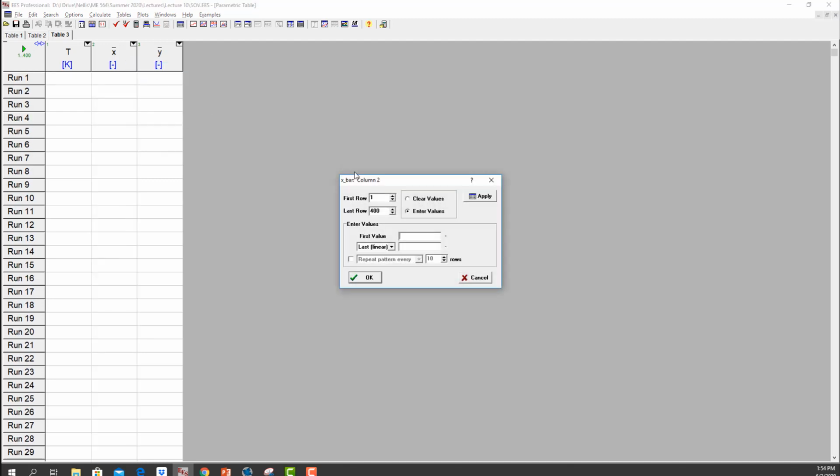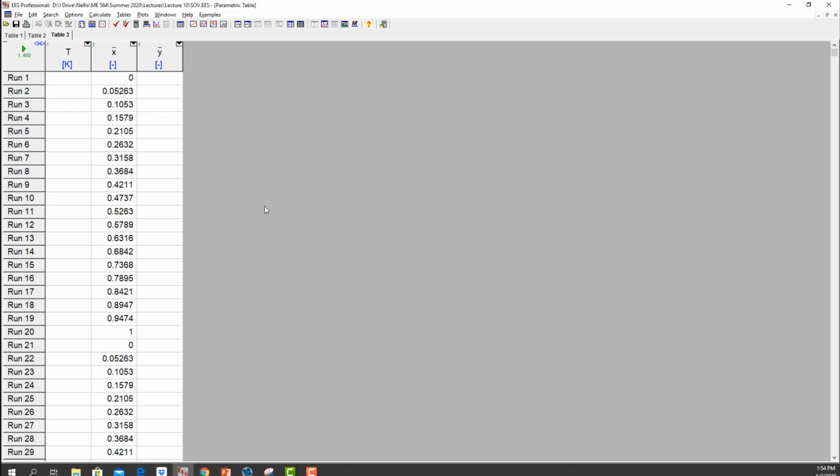So I'll just do alter values, and if you come down here and do repeat pattern every 20 rows, that's what it'll do. It'll go from 0 to 1, and you can see it goes from 0 to 1, and then it starts over again, going from 0 to 1, and so forth. So this is sort of going across my computational domain over and over again, and then I would like these first 20 rows to be at Y equals 0, and the next one to be at Y bar equals a little bit bigger.